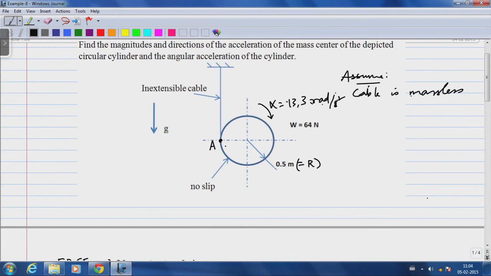So, this is the role of the tension in the cable. The tension in the cable is essentially causing the cylinder to roll with no slip at the point A. While the weight of the cylinder is trying to accelerate the cylinder in a downward sense, the purpose of the tension is to add whatever rotational motion is needed at that point.